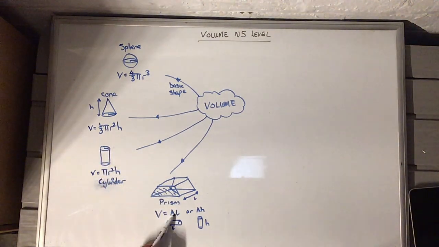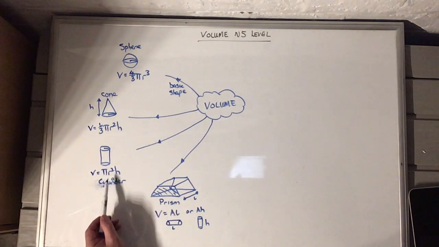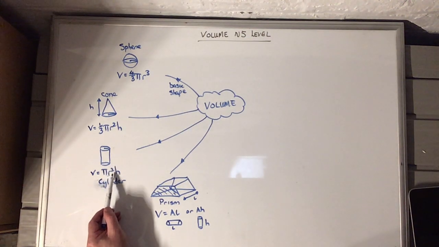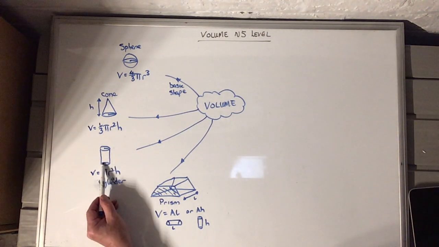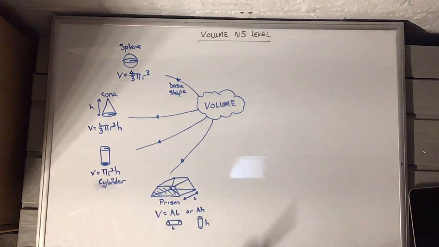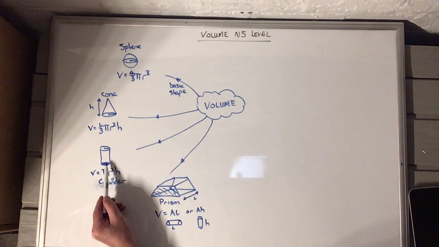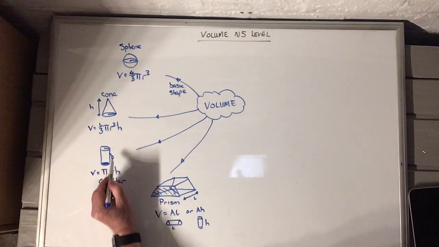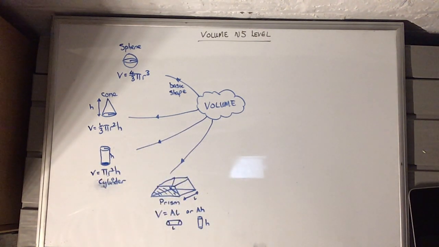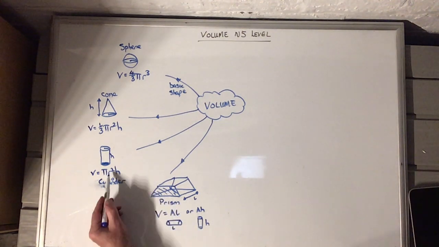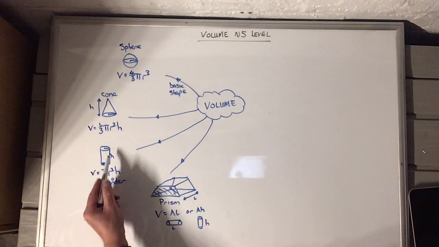The A for the cylinder, the area, is pi r squared, because there's the area at the side. So that's a cross-sectional area, we call that, and it's the height going up. So this here and this here is the same if it's a cylinder.